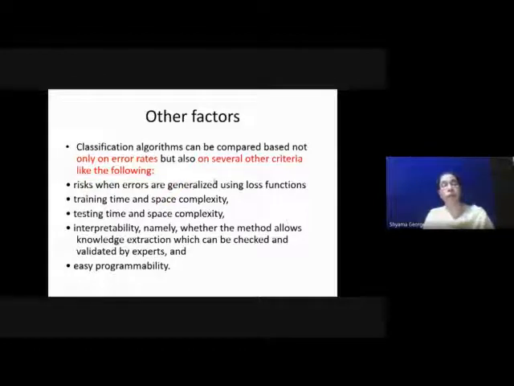Similarly, a person not having cancer is classified as having cancer. There are two possibilities. The risk associated with these two classification errors is different. So there are risk factors, loss functions, and training time and space complexity. Similarly, testing time and space complexity, interpretability, then easy programmability. These are some of the factors which we can consider while we are comparing the classification algorithms.